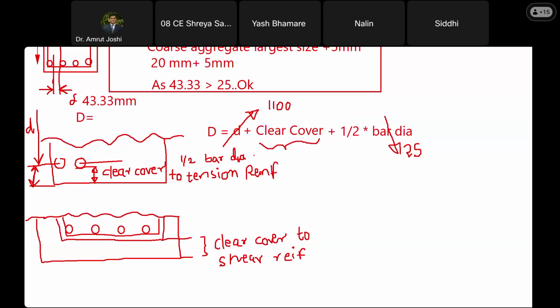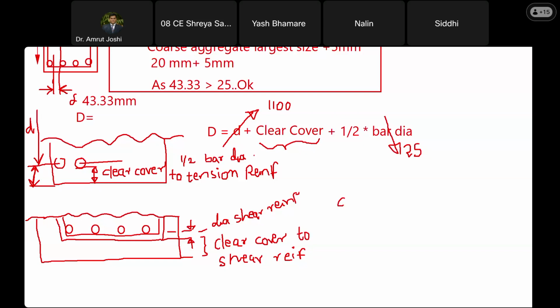Let me draw this line. So this is the thing, but the diameter of shear reinforcement, isn't it? Yes. Diameter of shear reinforcement. So what is the relationship between clear cover to tension reinforcement and clear cover to shear reinforcement?